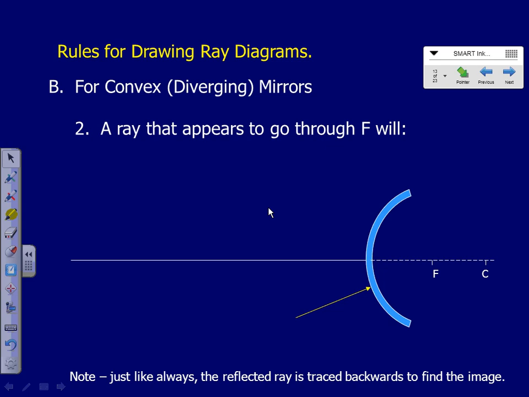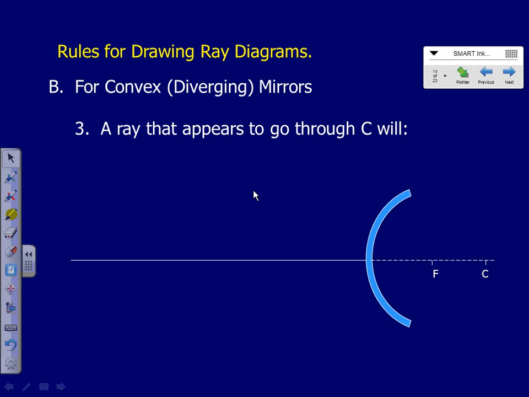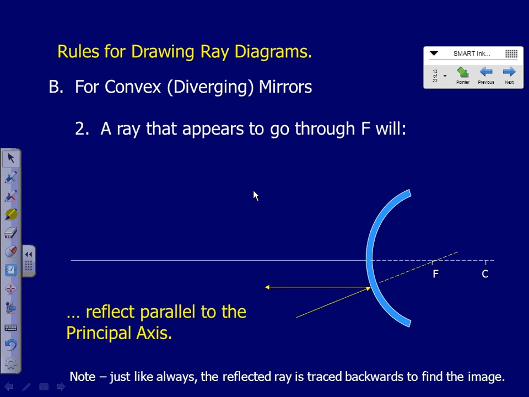Last rule. It's not hard to do. It's that when we go to look for the cross point, students extend the wrong ray behind the mirror.